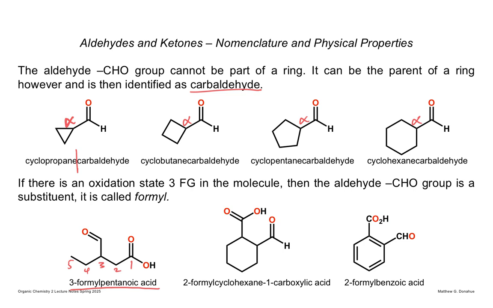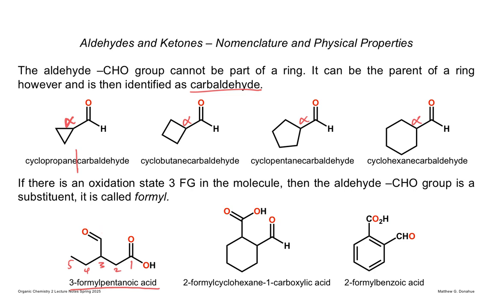And now you have this substituent on carbon 3, which is an aldehyde. Notice it's named a little different when it's on a chain. It's called a formyl group. Because it's one carbon, one is methane, the common name for that is form. So formyl means aldehyde.